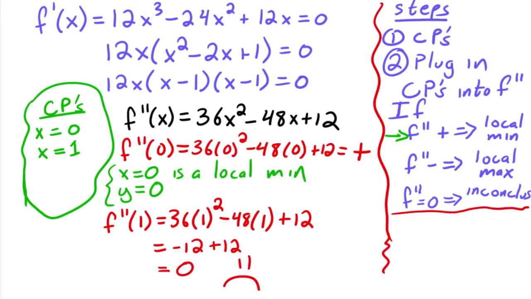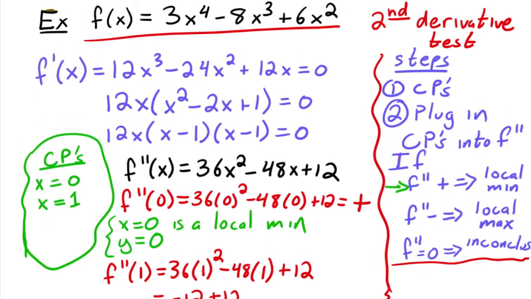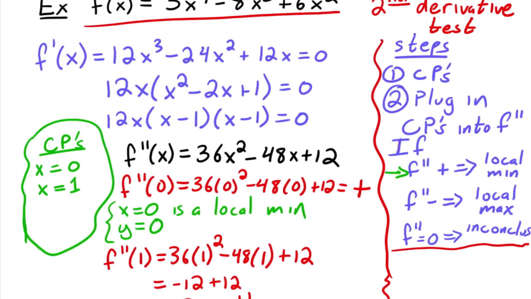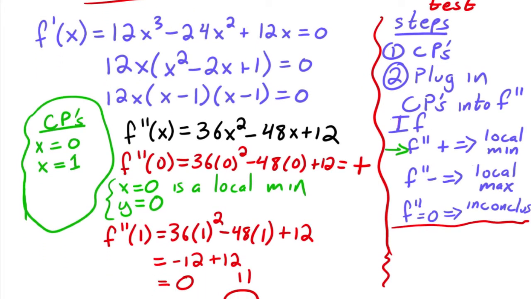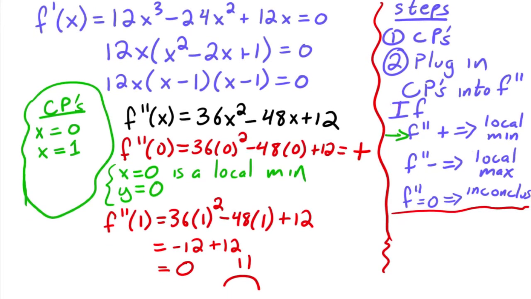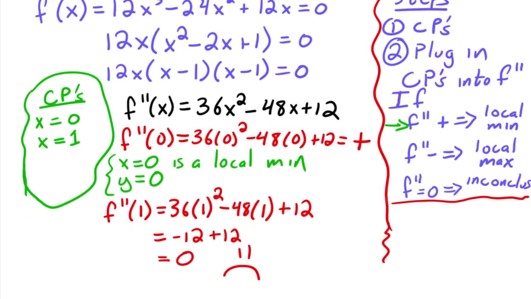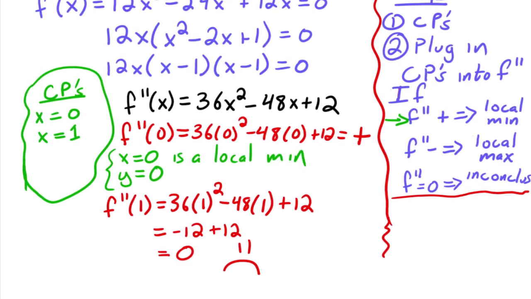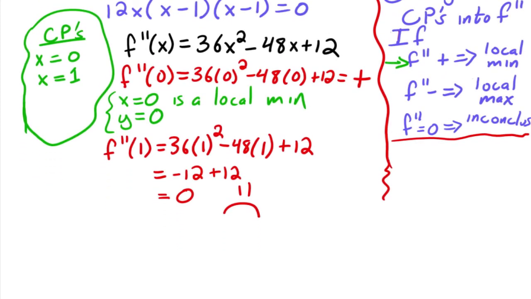Inconclusive. Okay, so this is the worst case scenario, inconclusive. I can't tell you how often this is going to happen if you try it, but it happens often enough. So, okay, if it's inconclusive, remember that what we need to do in that case is the first derivative test.